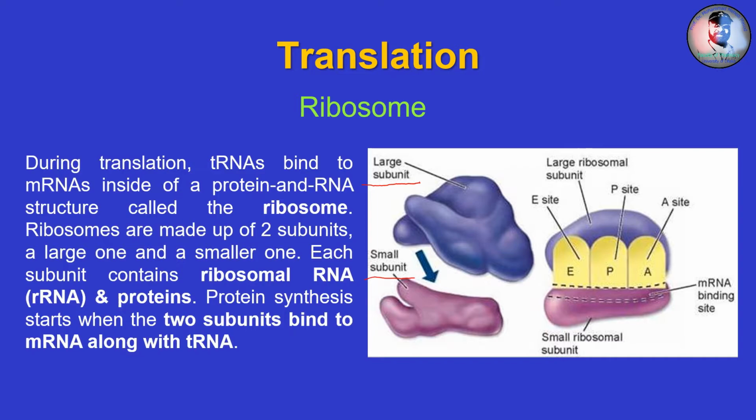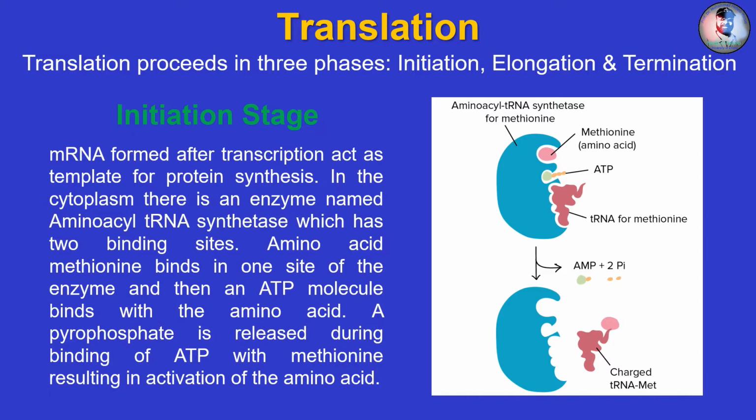Each subunit contains ribosomal RNA, that is rRNA, and proteins. Protein synthesis starts when the two subunits bind to messenger RNA along with tRNA. Translation proceeds in three phases: initiation, elongation, and termination.